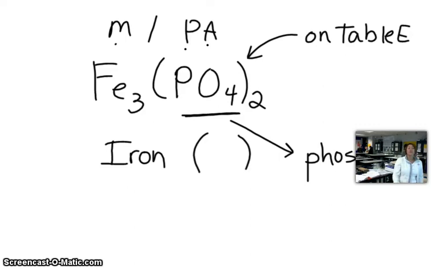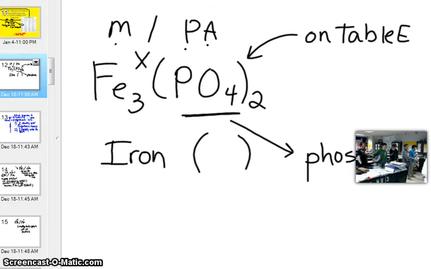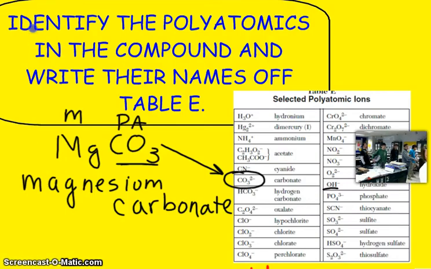Now we have to figure out what's inside the parentheses. We do this the same way as when we had the nonmetal. We don't know iron's charge, so we put an X up here. We do know phosphate's charge. You can get that off table E. If you look on table E, right here, see how it says PO4 3 minus?